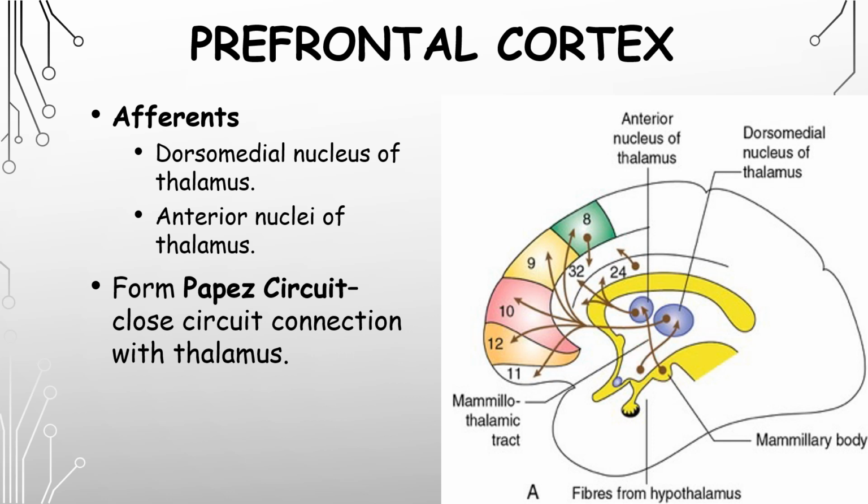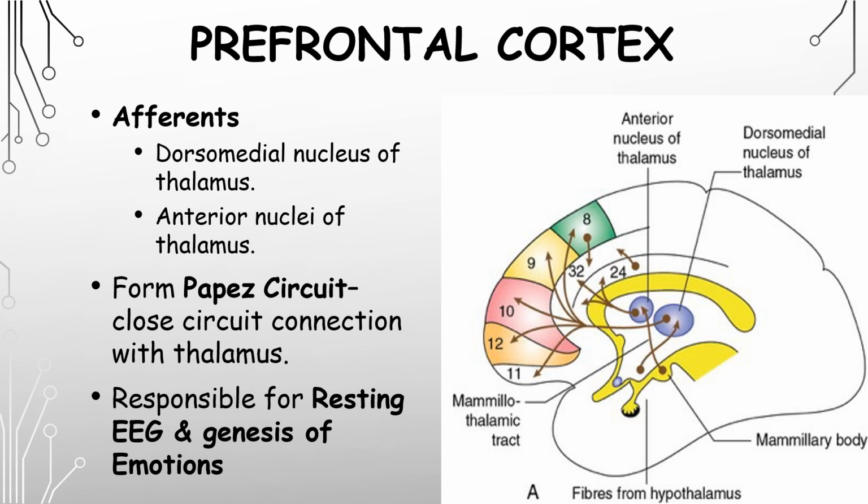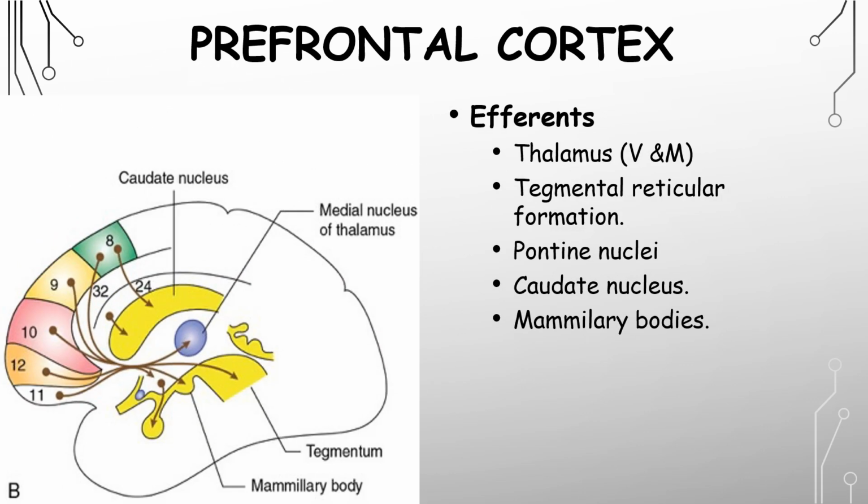This is from the hypothalamus, the Papez circuit, and it is responsible for generating the resting electroencephalogram and also for the genesis of emotions. Efferents go to the thalamus, tegmental reticular formation, pontine nuclei, caudate nucleus, and the mammillary bodies.